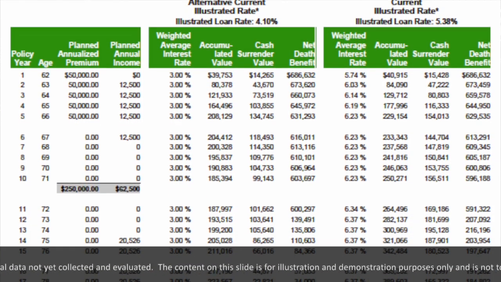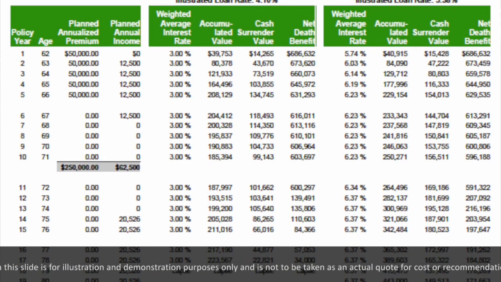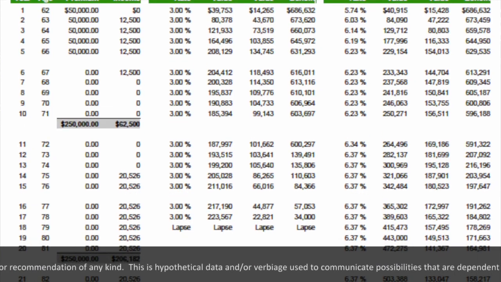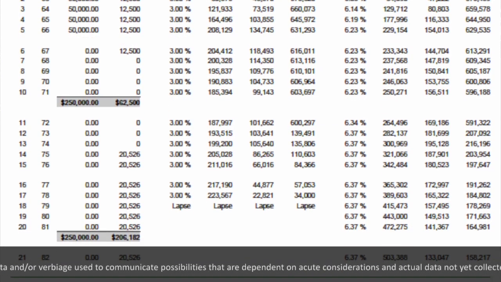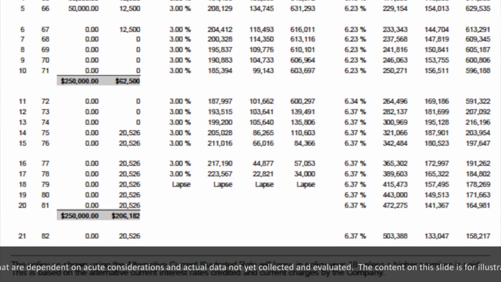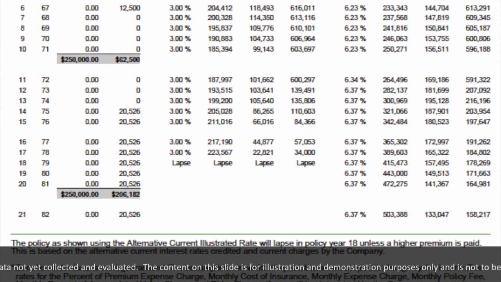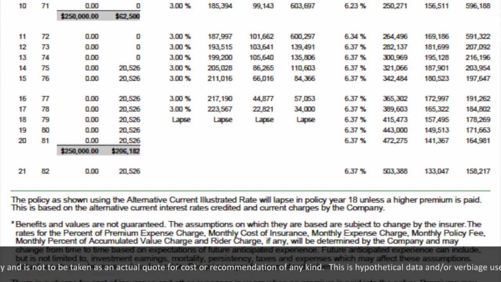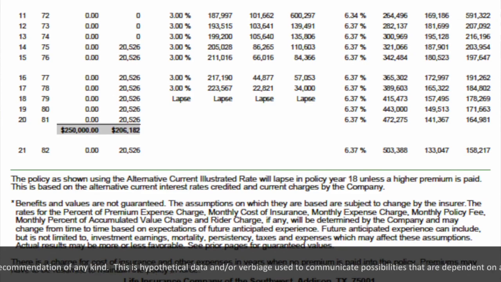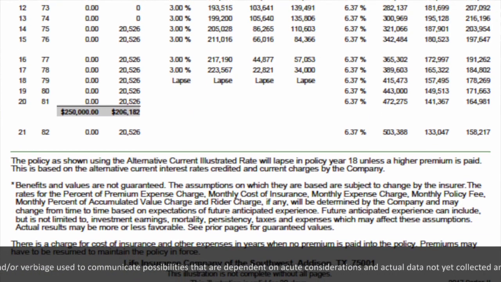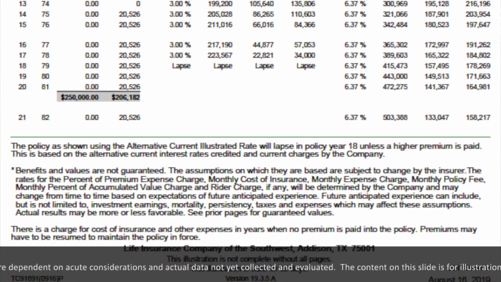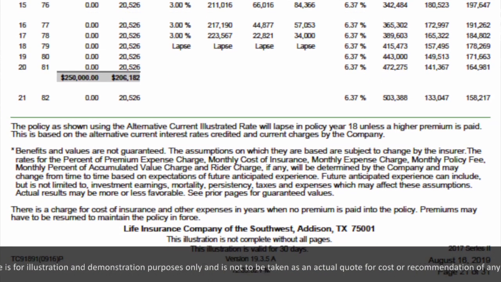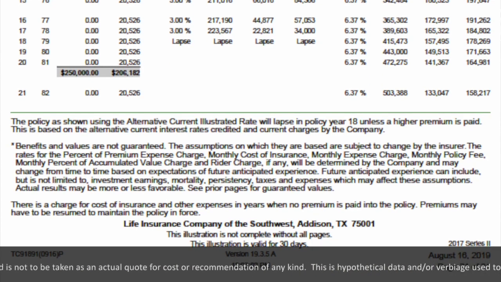And so now you have a comparison of what that would look like based on the exact same design and objectives. So those first few columns are still showing the money coming out, what's going in and what's coming out. And then the last columns then give you how that would impact the values, the accumulated value, the cash surrender value, and the net death benefit based on these illustrated rates.